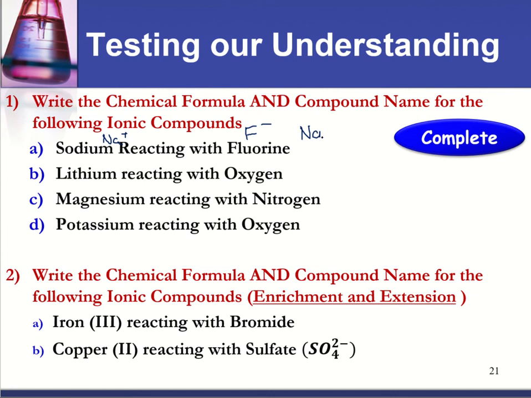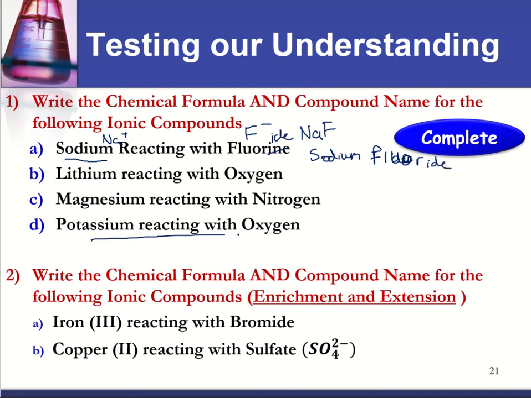So it's NaF. In terms of the name, metal comes first, so it's sodium. Next is fluorine. You can see again we get rid of the last three letters and we write -ide, so fluoride.